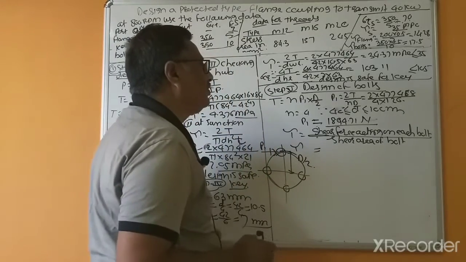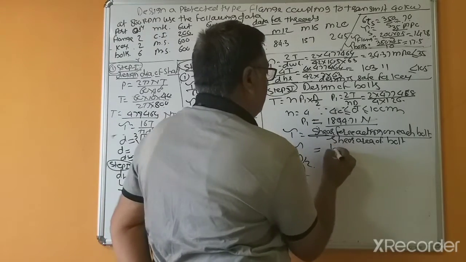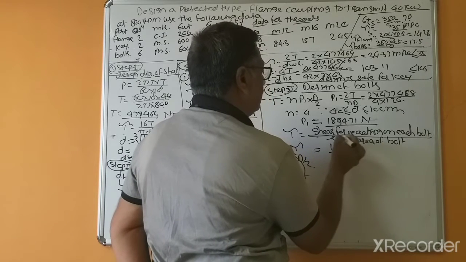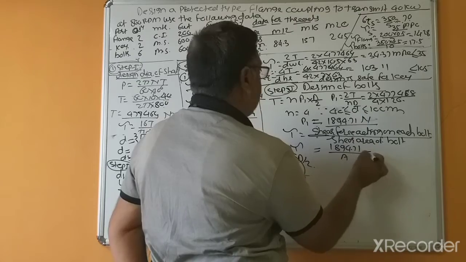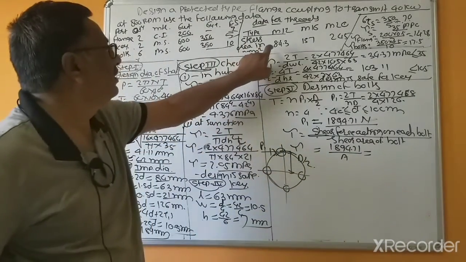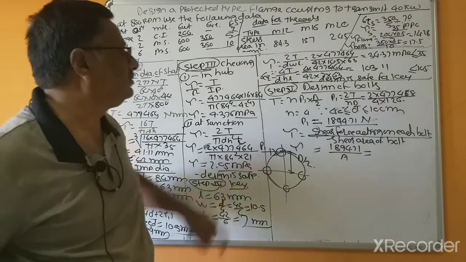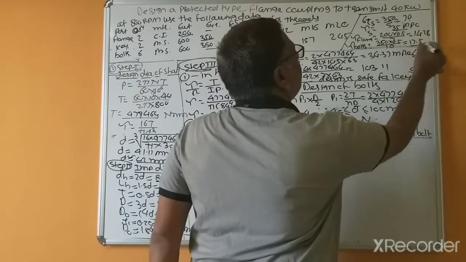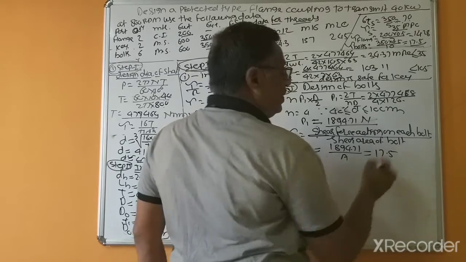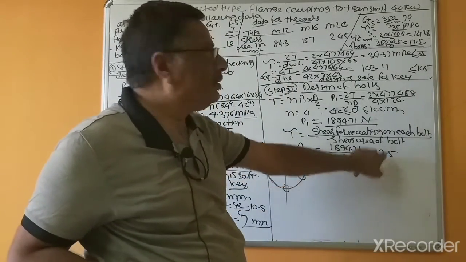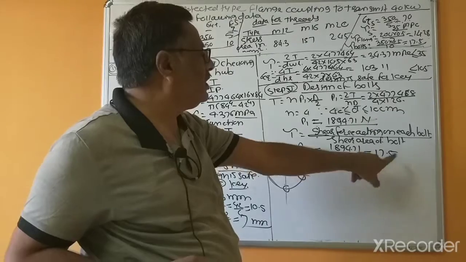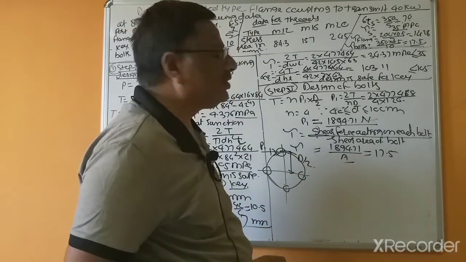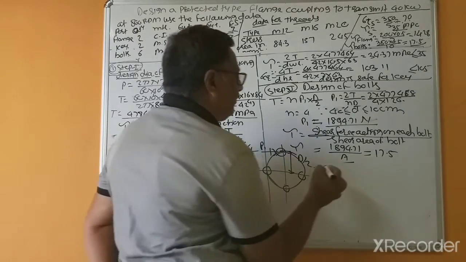So tau, the shear force acting on each bolt, is 1894.71, and this is area, because the area is given here, the stress area, and tau for the bolt is 17.5. So you may be confused here because of different materials, according to that different stress is to be considered, otherwise you will get the wrong answer.